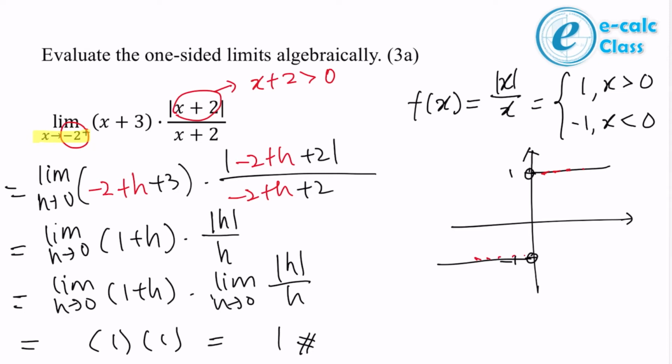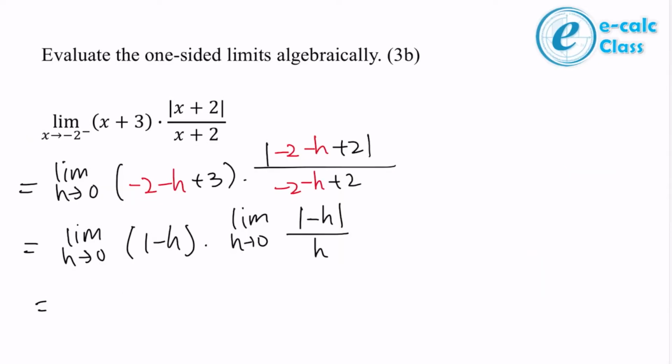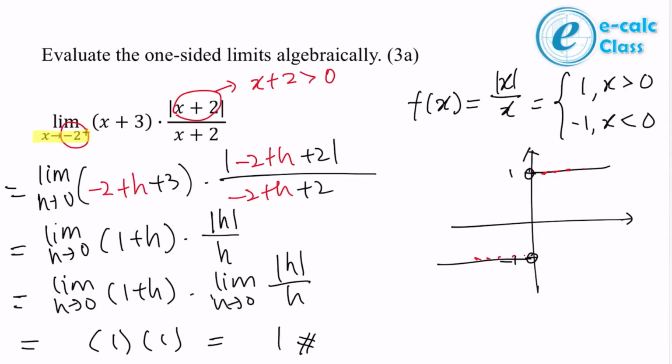If you want to use the same idea from just now, you are approaching negative 2 from the left, which means it is negative 2.000001. If you plug in negative 2.00001 plus 2, you have a negative answer, which means you have to consider this part.